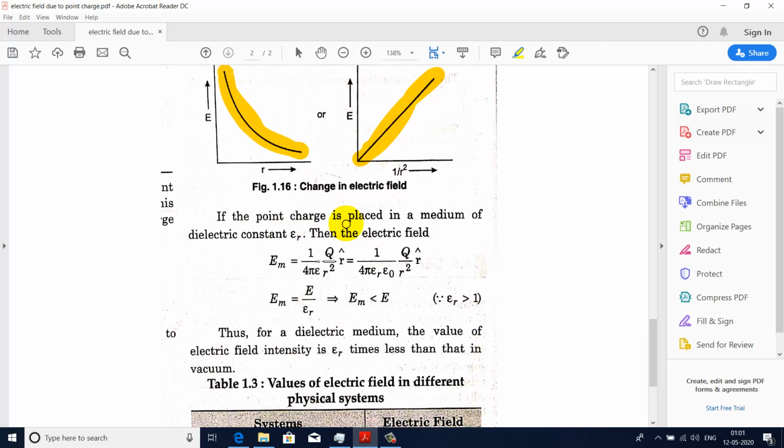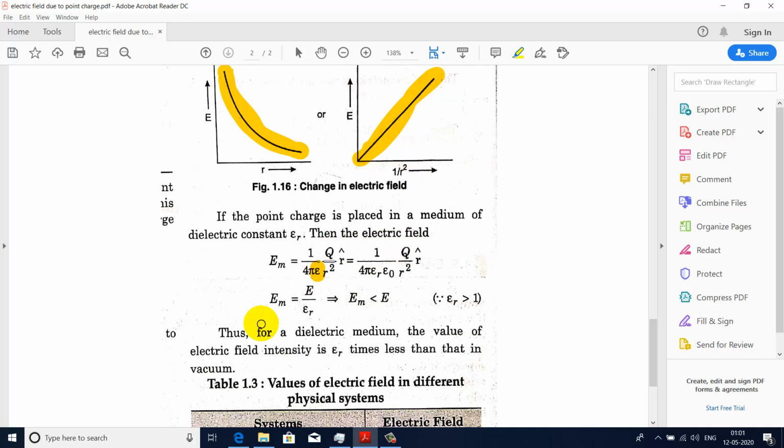Now, if the point charge is placed in a medium of dielectric constant, then in place of epsilon naught, we use the constant epsilon, and we denote the electric field by the symbol Em. Then the electric field is given by this relation.